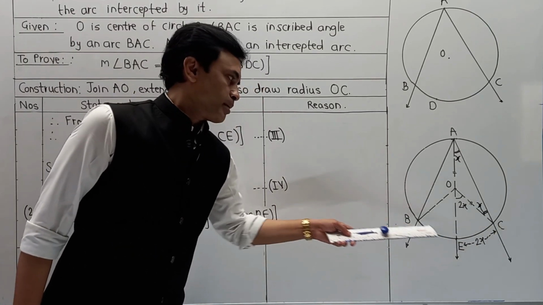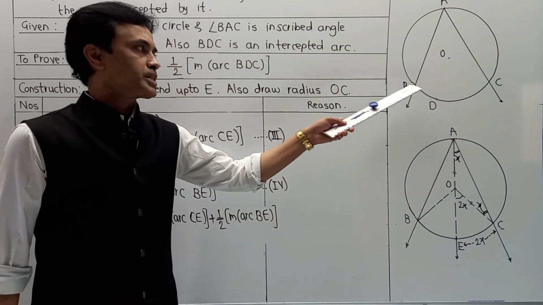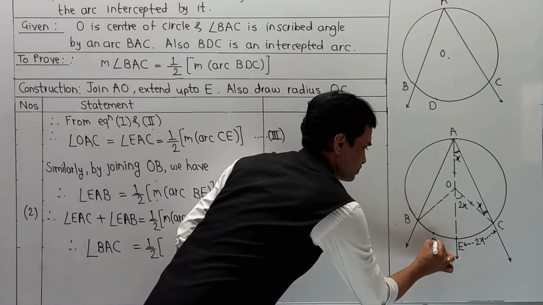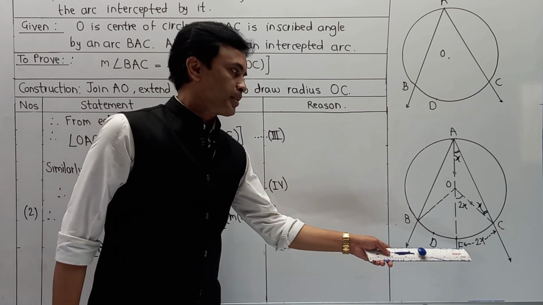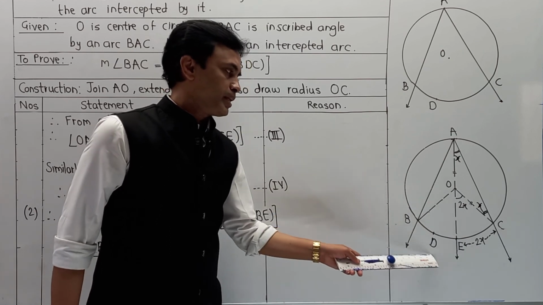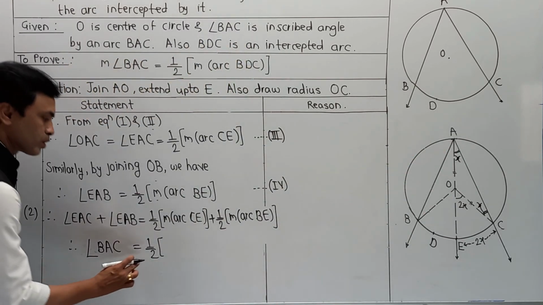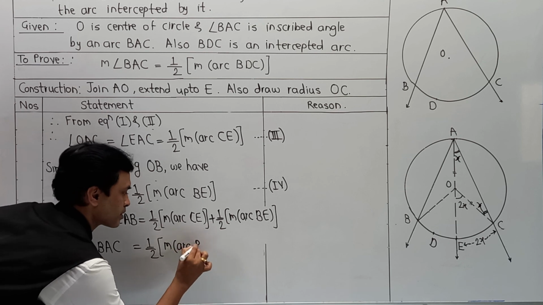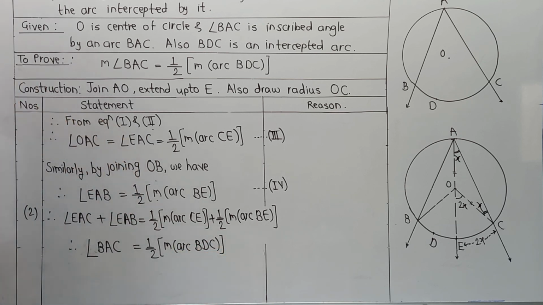Major arc CE plus major arc BE is nothing but, as per your previous diagram, major arc BDC, because point D is over here. So angle BAC is equal to half of major arc BDC. And in this way, we complete the proof.